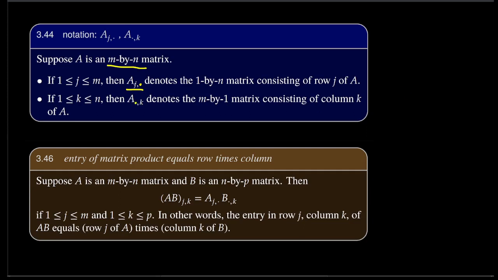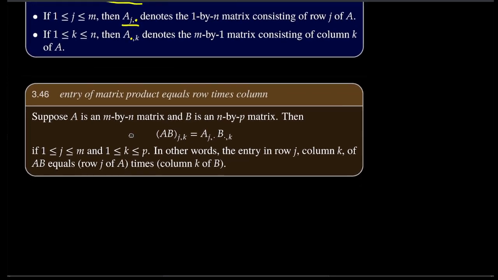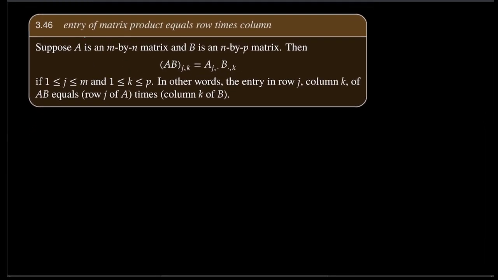Basically, normally you write a jk to denote the jkth entry, but if instead of putting a k in the second thing I put a dot, I mean let the k range over all possible values. Or if I put a dot in the first one, I mean let the j range over all possible values. That makes sense. All right, cool. So here is why we're going to use this notation. First little result. Let's suppose that A is an m by n matrix and B is an n by p matrix.